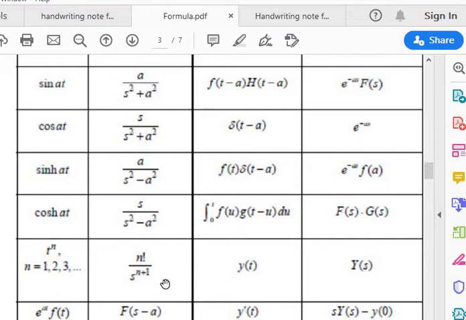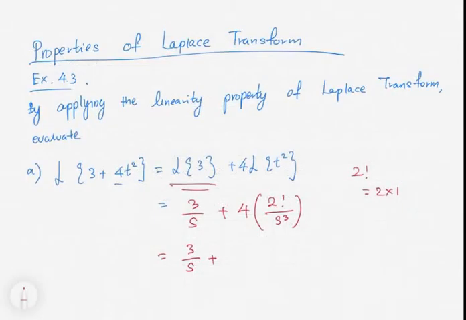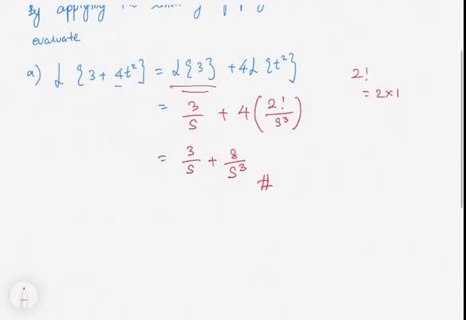This is equivalent to 2 factorial, which is 2 times 1, so you have 8 over s power of 3. Okay, so it's simple. Now let's look at the second example.